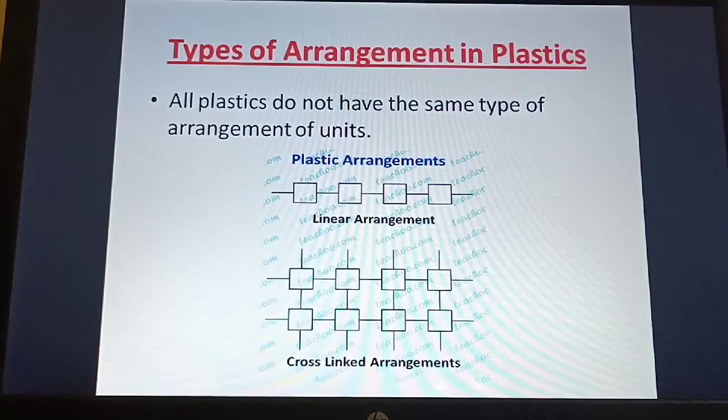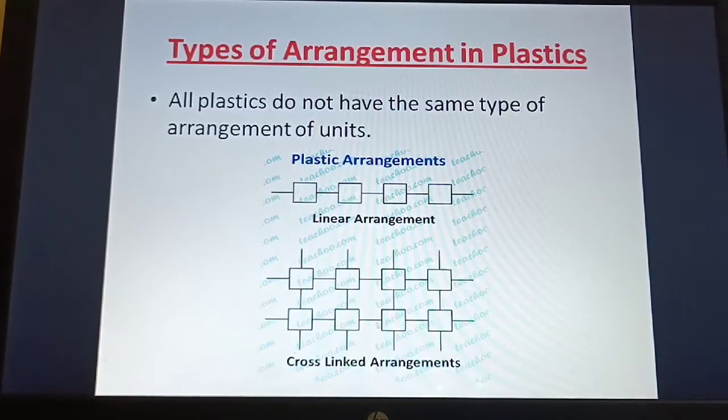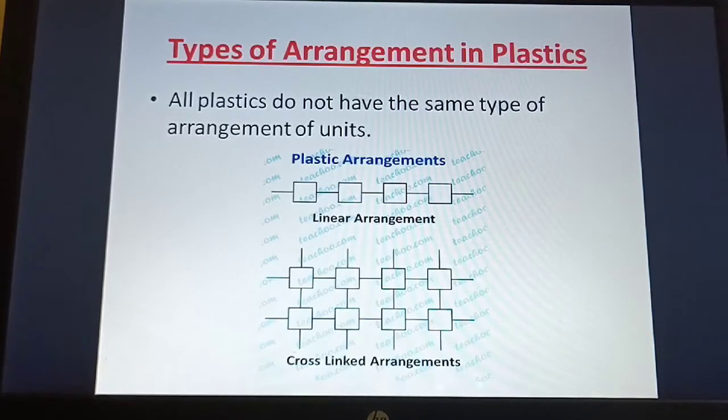For example, if I say 10 people stand in a straight line and hold hands, that will be an example for linear arrangement. Whereas if I say a group of people hold your hands, that will be an example of cross-linked arrangement. Now which will be stronger, A or B?